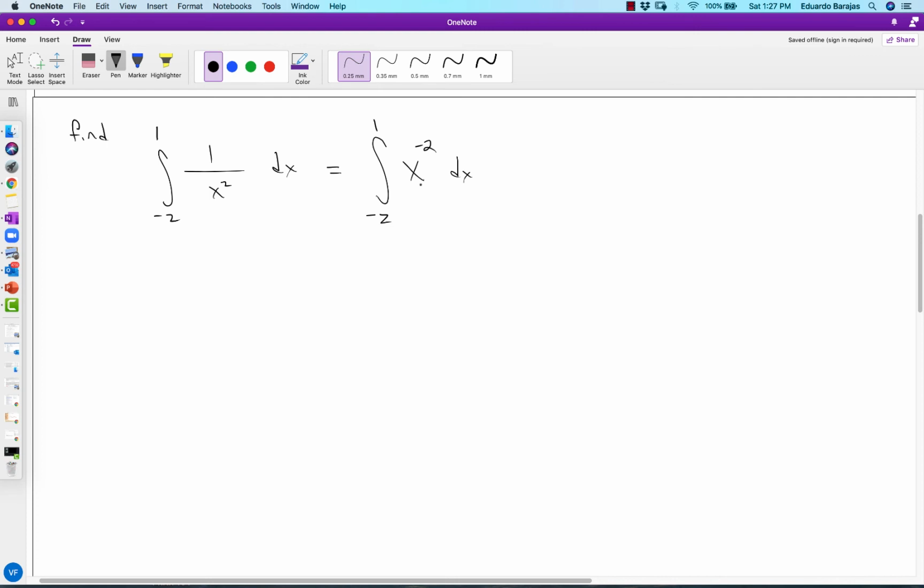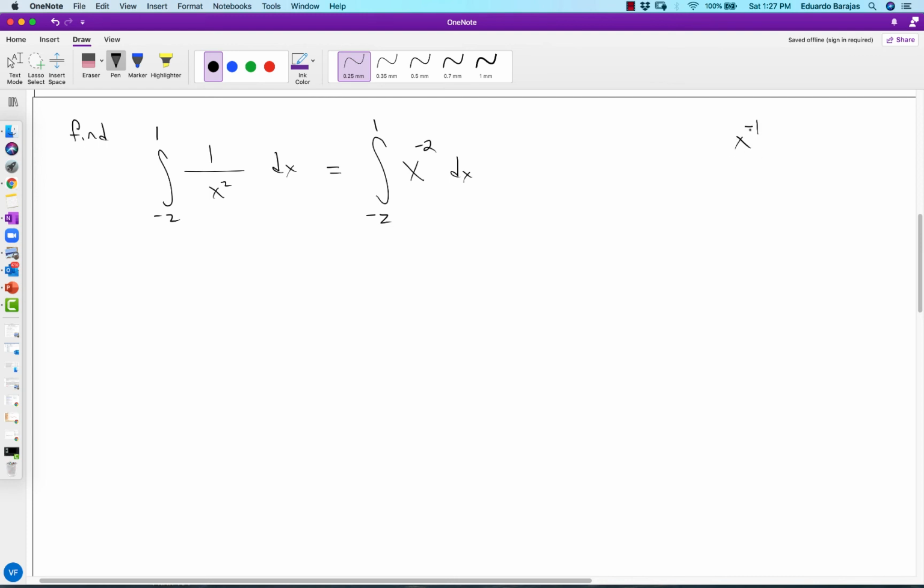We could do it the slightly longer way of coming off to the side and thinking about that antiderivative. When we take a derivative, we subtract 1, so the reverse would be to add 1. So it has something to do with x to the negative 1.